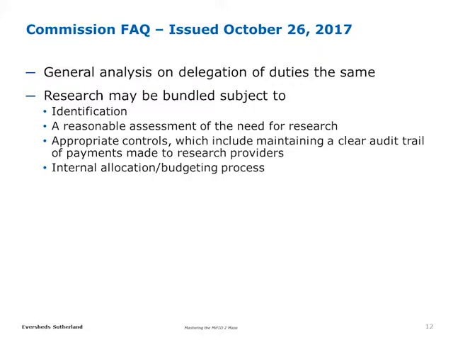Three, they can subject the research budget to appropriate controls, which include maintaining a clear audit trail of payments made to the research providers. And fourth and finally, they're able at all times, and based on their own internal allocation process, to identify vis-a-vis their own clients the amount spent on research with a particular third country broker-dealer.